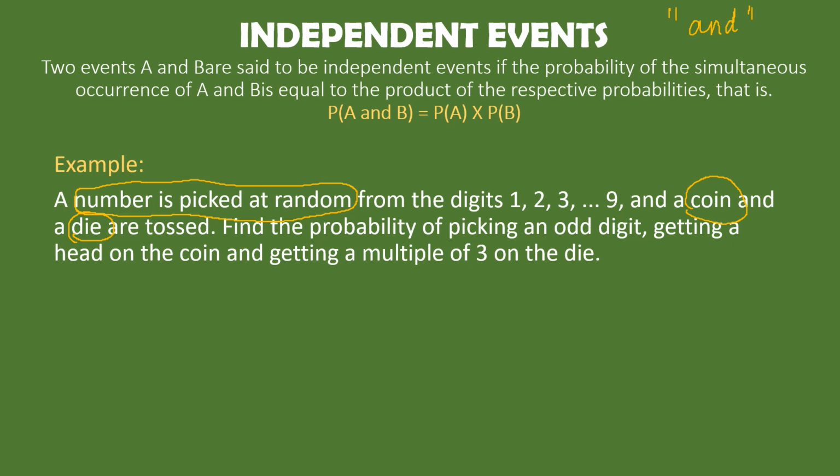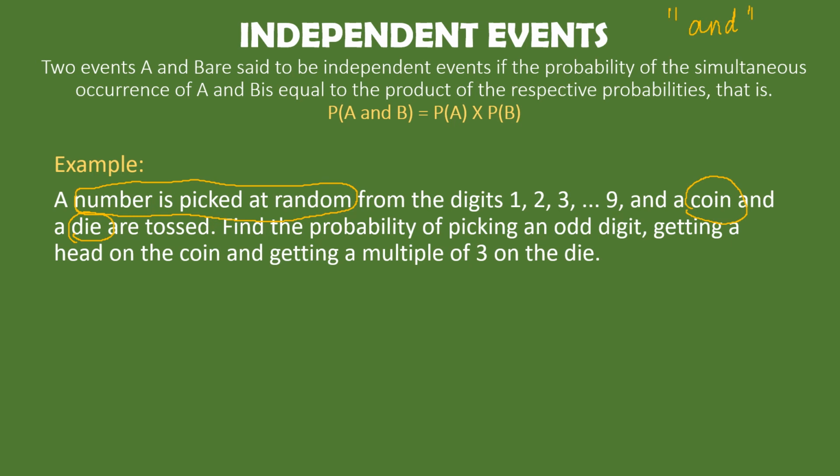So looking at these events, will picking a number from the digits 1, 2, 3 until 9 affect the possibility of getting a head or a tail on a coin, or getting a 1, 2, 3, 4, 5, 6 on a die when tossed? Of course not. They are independent events. They do not affect each other.